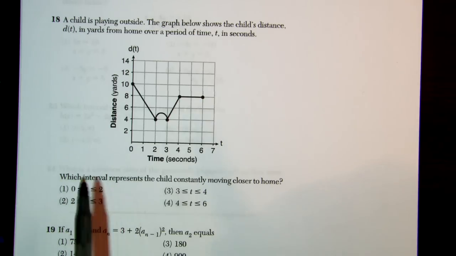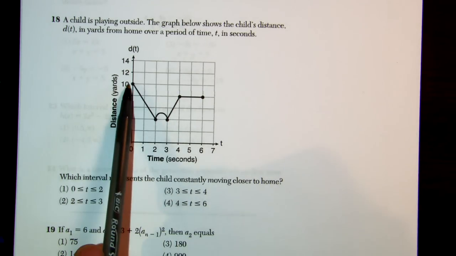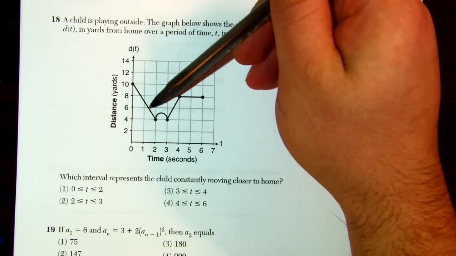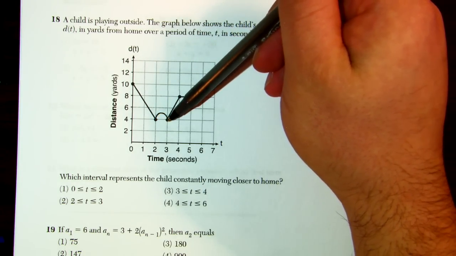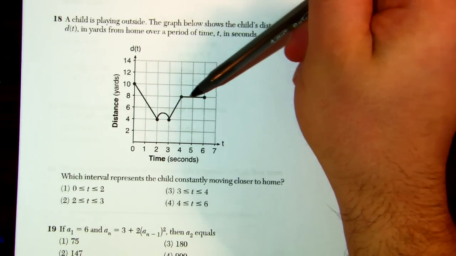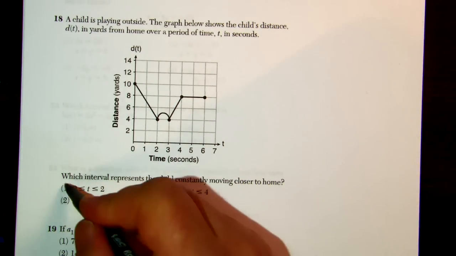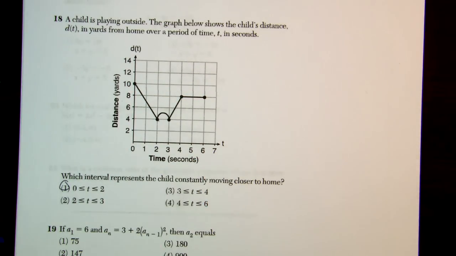Constantly moving closer to home is going to be between 0 and 2, because if you look at the yards and distance, you're going from 10 to 4. Then the child runs, but then goes a little bit closer, then goes away from home, and then is just kind of standing there over those seconds. So it is going to be choice 1. Constantly moving closer to home is between 0 and 2.